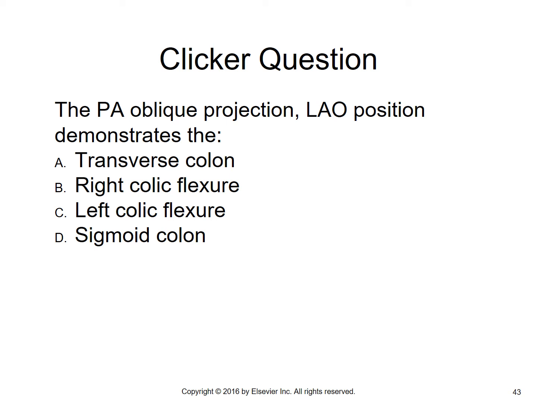In a question like this, what I always tell students, at least what I've done, is I've memorized that the RAO always opens the hepatic flexure. RAO is hepatic. Well, what's the opposite of the RAO? The LAO, what does that open? Well, that's going to open up the splenic flexure, the left colic flexure. So RAO is for the hepatic, LAO is for the splenic.